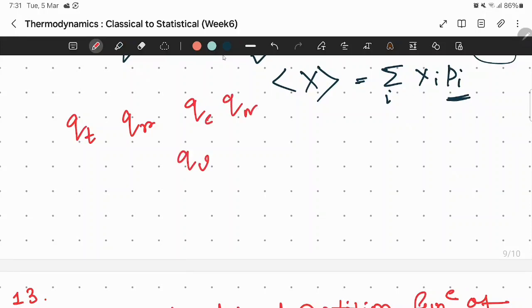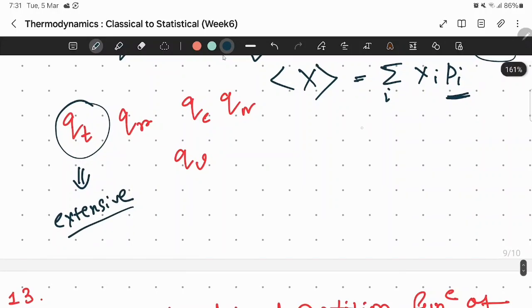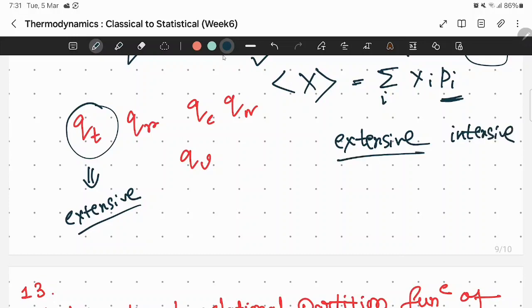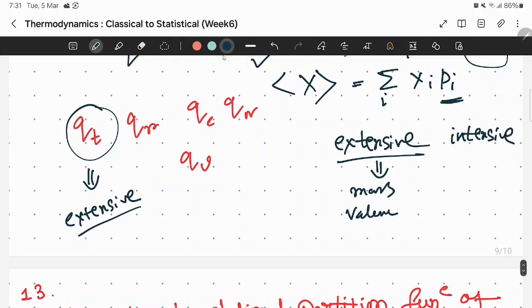Of all these partition functions, only the translational partition function is an extensive property, right? What does that mean? Extensive and intensive: extensive means it depends on the mass or volume, and intensive means independent.